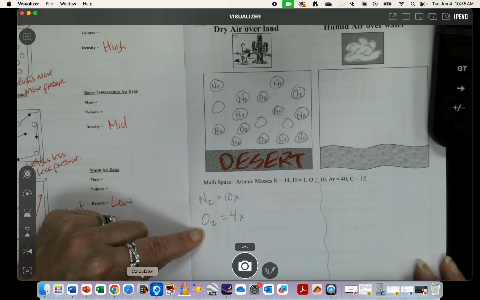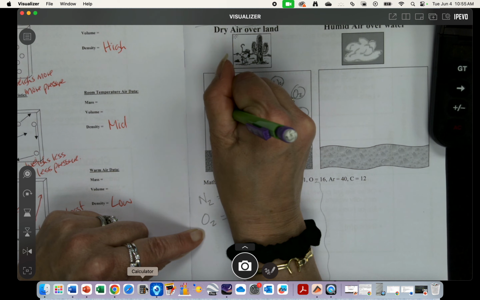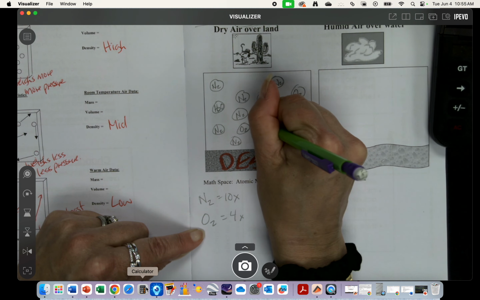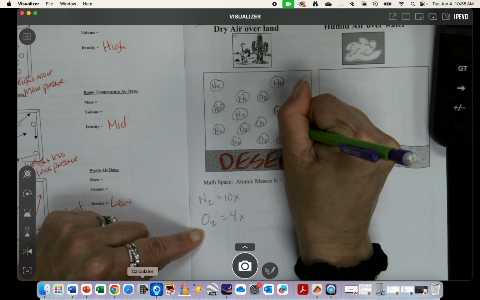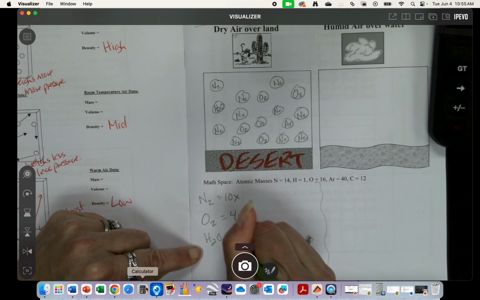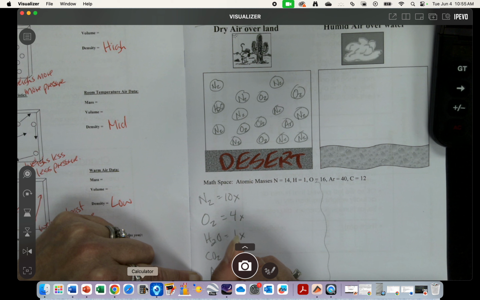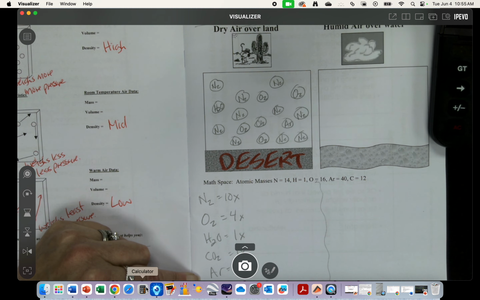Now we have 3 molecules left. We're going to make one of them H2O, one of them CO2, and one of them argon. So H2O, 1, CO2, 1, and argon, 1.